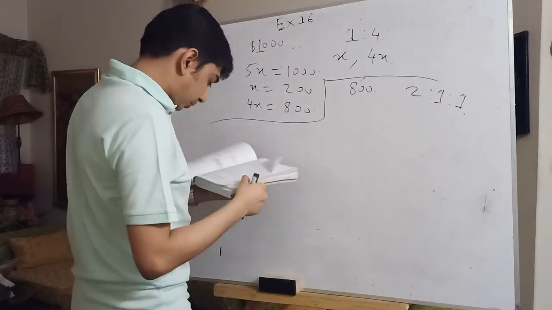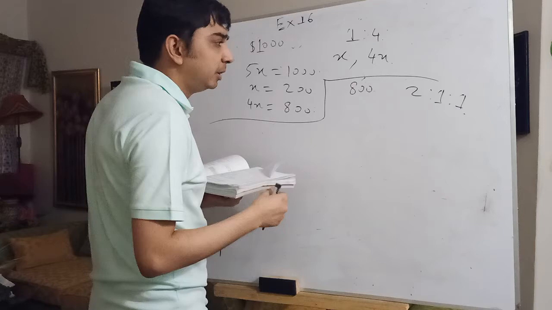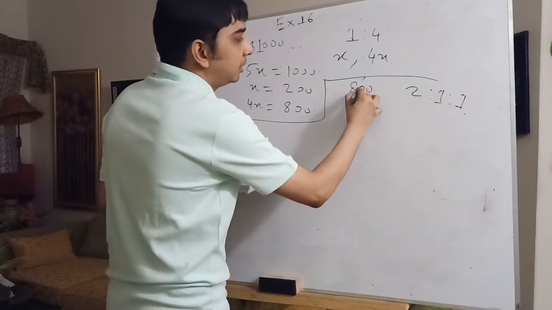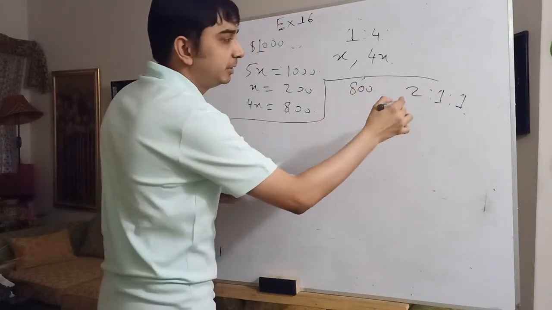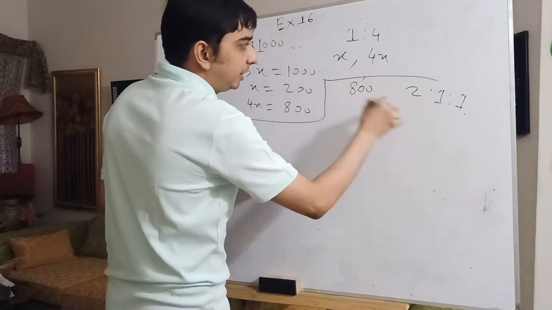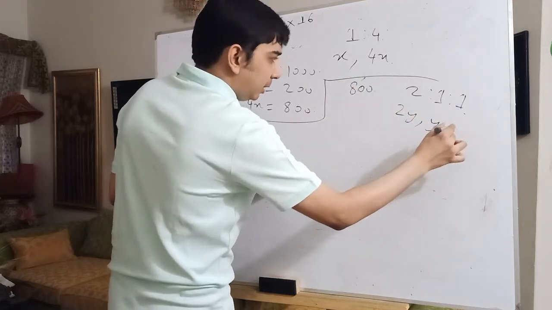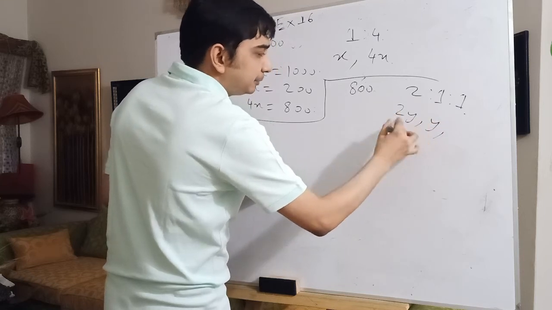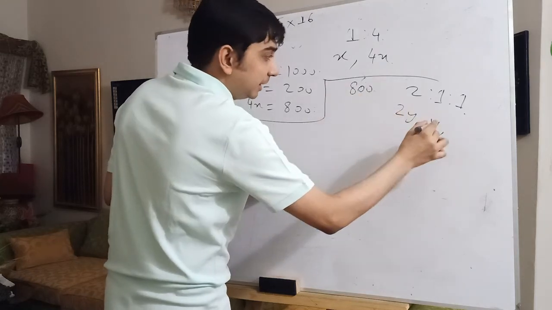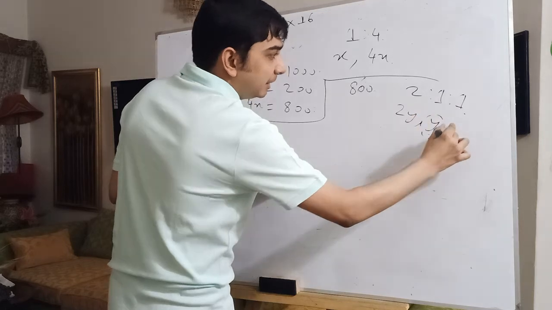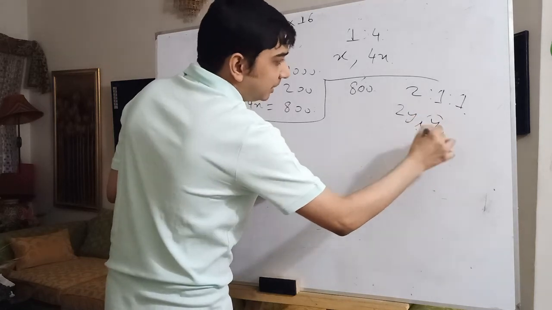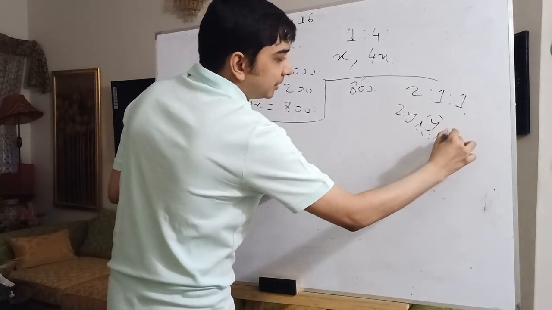Now, how much does the daughter receive? Let's say the part that the original lady receives of this 800 is 2y. The daughter receives y, and the mother of the original lady, the grandmother of the girl, also receives y.